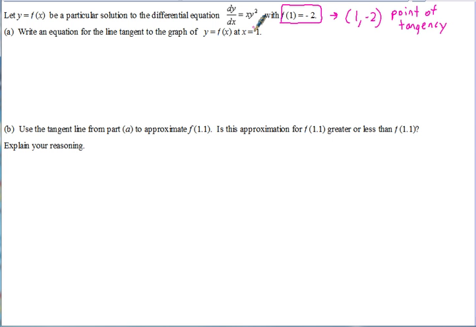So all we have to do to find the slope specifically at our point of tangency is substitute that point in. So the derivative specifically when x is 1 and y is -2 would equal x, which is 1, times y, which is -2 squared. And when you simplify that, -2 squared is 4 times 1 gives you 4.